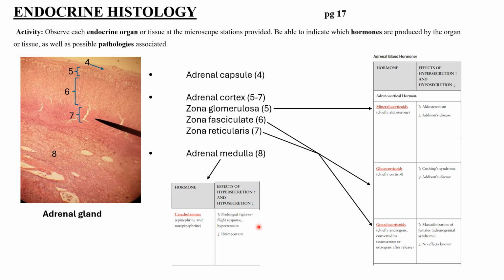So these are the hormones which are responsible for fight or flight response. And if there is too little secretion, it is unimportant. If adrenal medulla is not secreting too much epinephrine or norepinephrine, we will not see any effects.